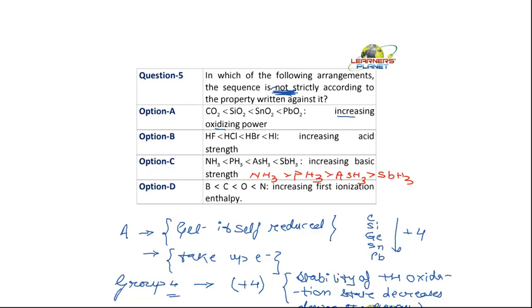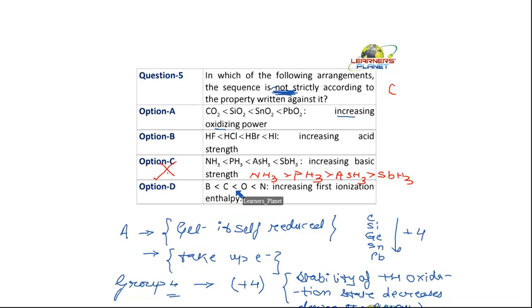Because of the small size of nitrogen, the electron density is very high on the central atom and it can easily donate or lose its electrons. Got my point? So what is the correct answer over here? Which is not. Remember that. So this is the right answer according to this question. Which option would be correct? C.